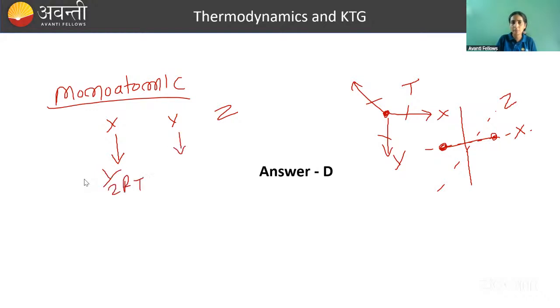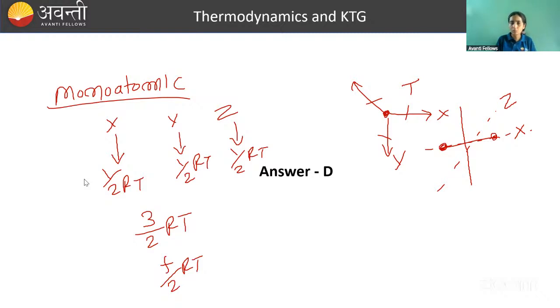So here also it will have half RT energy, and here also half RT energy. So total how much energy it is having? 3 by 2 RT. Done. So 3 by 2 RT for 1 mole for monoatomic. How is it looking? It is looking like F by 2 RT. दिख रहा है ना? F is what? Degree of freedom. So in translation, if body is translating and it has F degrees of freedom for translation, then energy will be F by 2 RT.